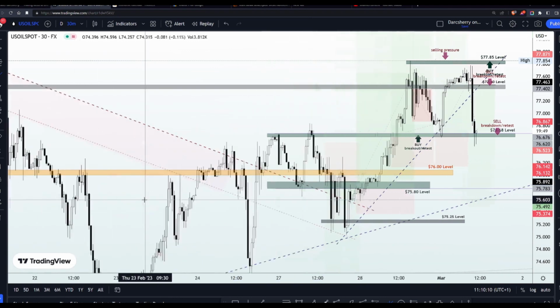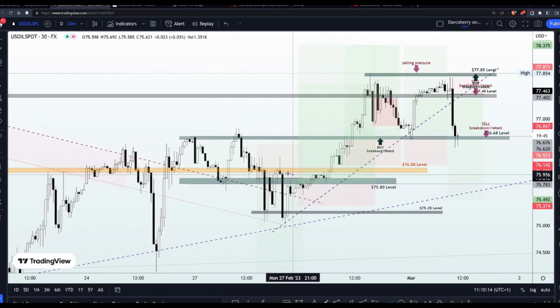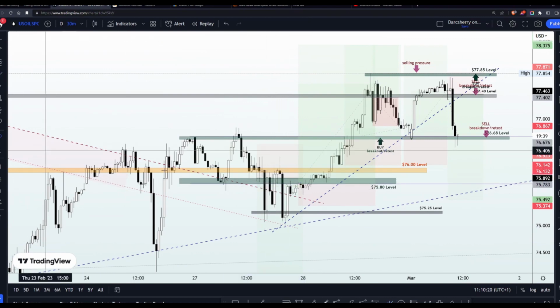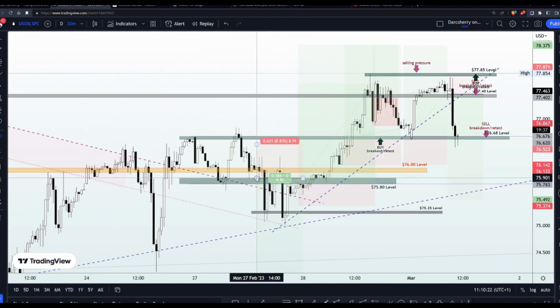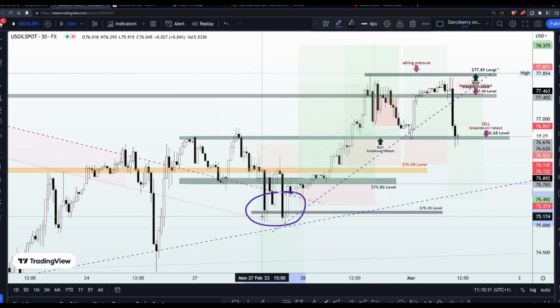Well, as we see right here, price action broke down the $75.80 level, where we took advantage of some selling opportunity a couple of times, as price action moved about 70-80 pips before we started seeing this bullish momentum that began during the New York session on Monday.